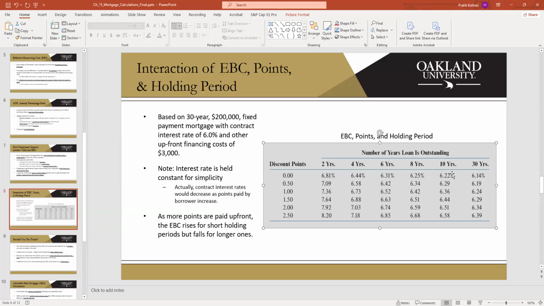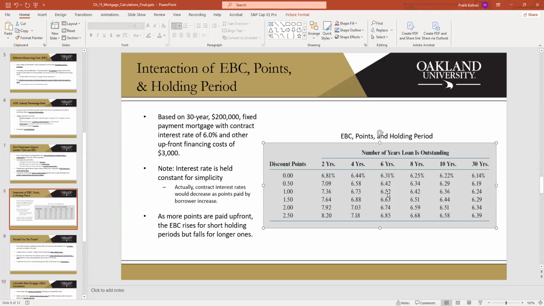So the difference between this 6.22 and 6.58 is much lower. As in, the longer you hold the loan, the impact of points paid upfront on the effective borrowing cost is not that drastic.